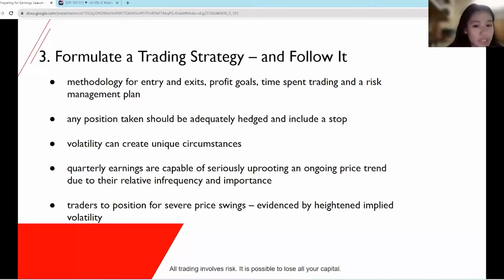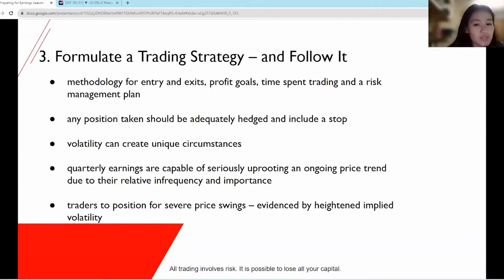So for some, trading around the event may not suit their risk profile, and so any position taken should be adequately hedged and definitely include a stop loss. With that said, volatility can of course also create unique circumstances. It can also provide opportunities for a few specific strategies as well.